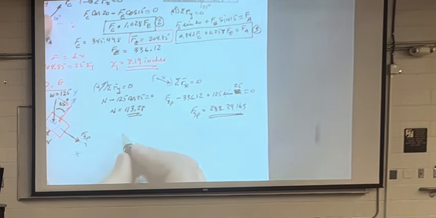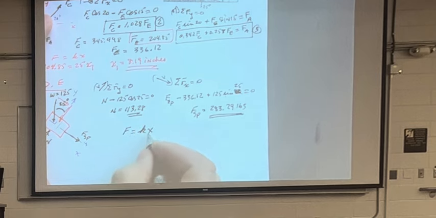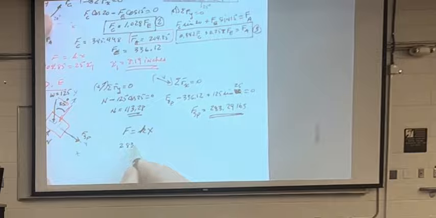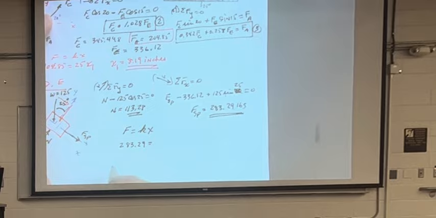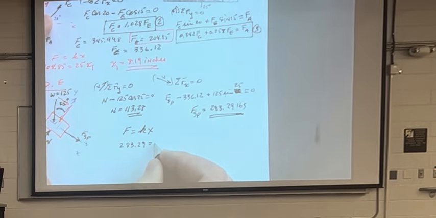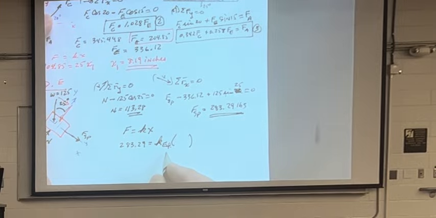Now, I can say, hey, Hooke's law again, F equals KX. FSP is 283.29 is equal to, there's two springs, I'm going to call it K equivalent, times 10 over 12.